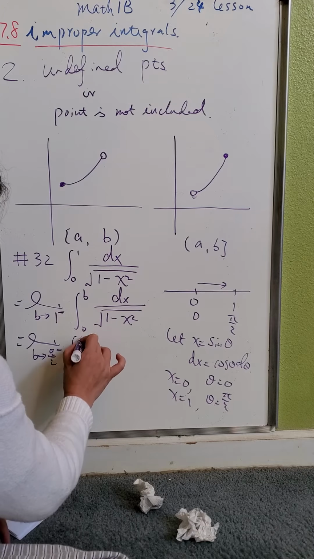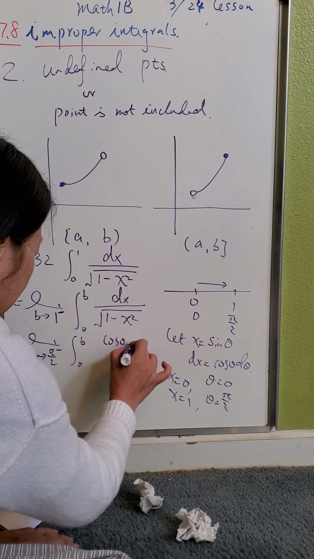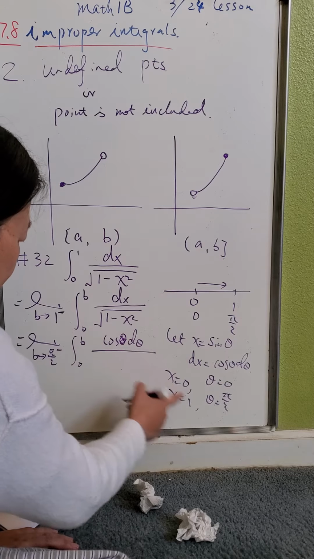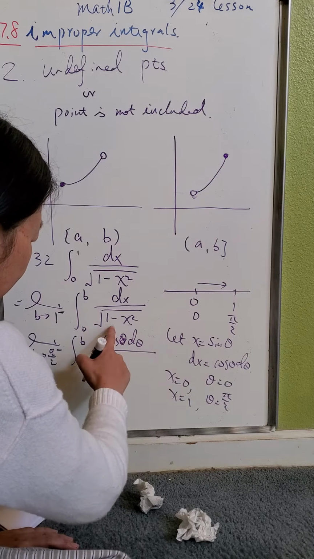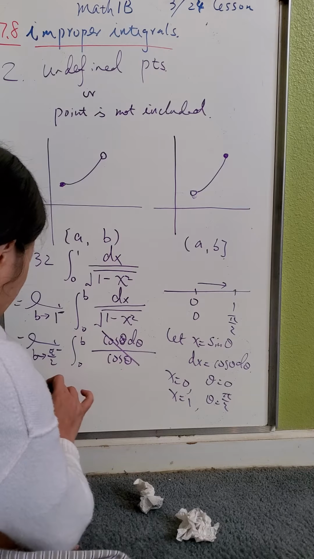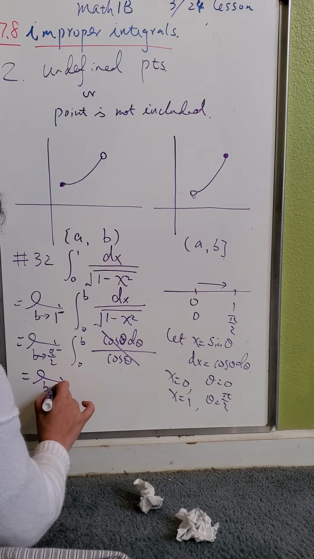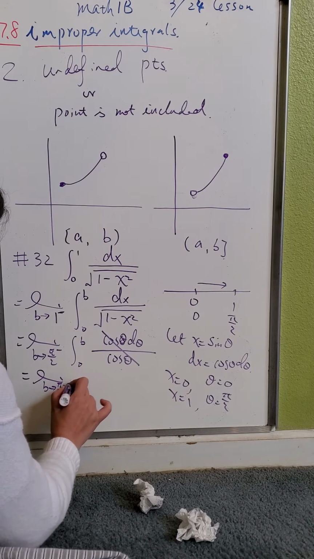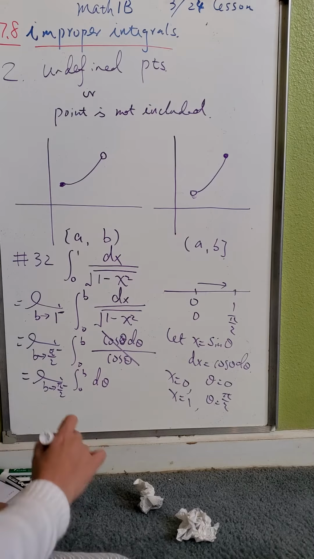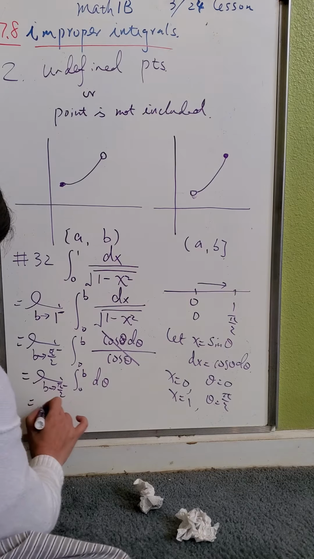And then still from 0 to B, dx equals cosine theta d theta, and the denominator becomes cosine theta, since 1 minus sine squared is cosine squared. Reduce that, and your answer will be just 1. So the integral of 1 is just theta.